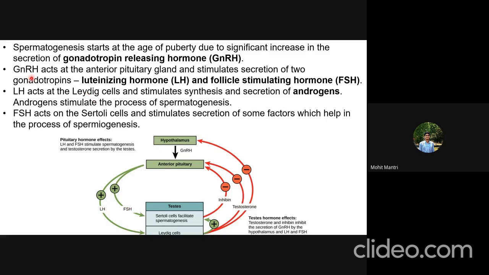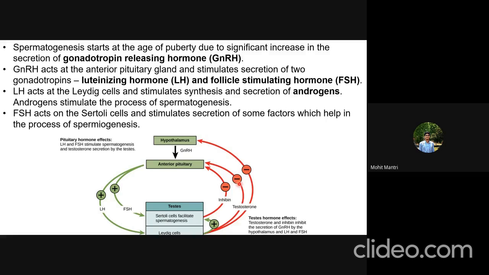So this gonadotropin releasing hormone will act on the pituitary gland, and therefore LH and FSH will be secreted by the pituitary gland. Now the LH will act on the Leydig cell and will stimulate synthesis of the androgens, and most importantly testosterone.